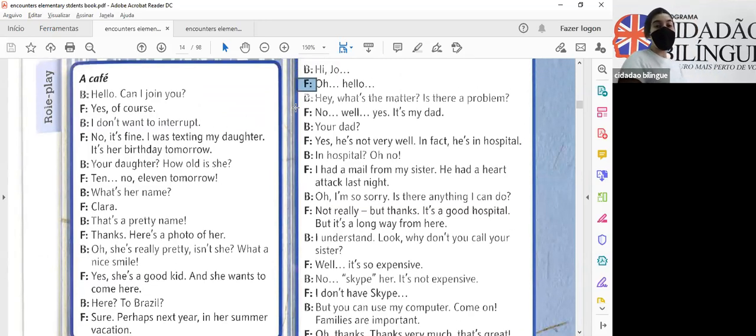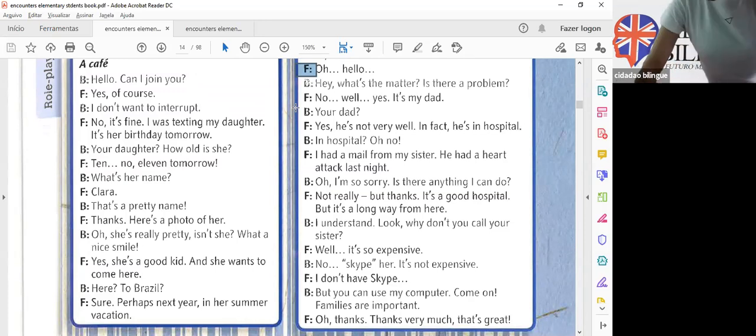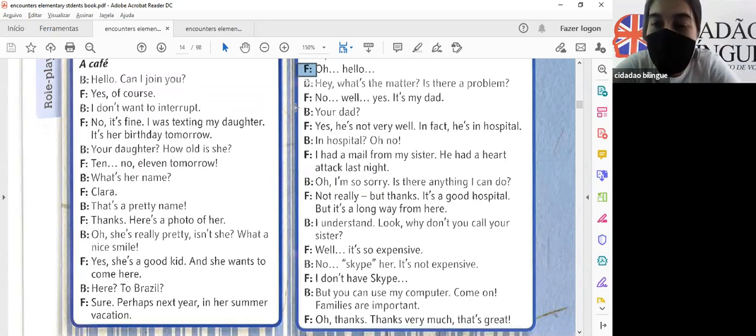Very good. Okay. So, hey, what's the matter? Do you guys know what it means? What's the matter means what's the problem? Okay, matter is the same as problem.